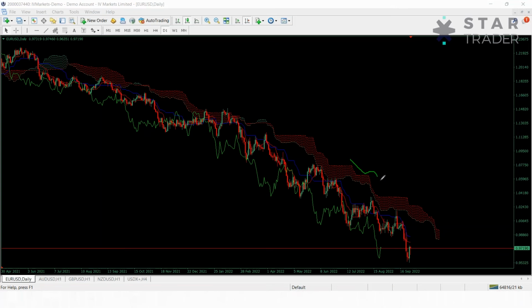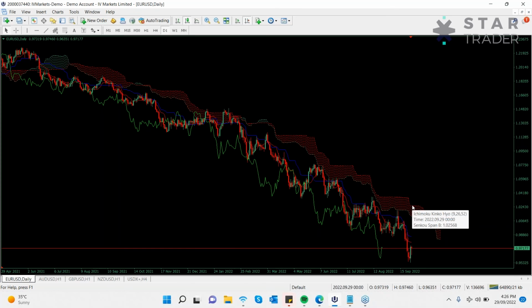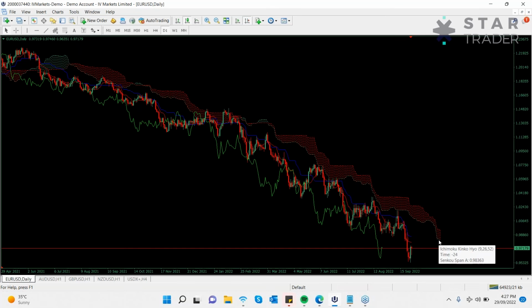So this is the cloud, and as I told you before, here you can see the leading line A. This is the Senkou span B, and over here the leading line B. Sorry, this is the leading line A because the market trend is bearish now.